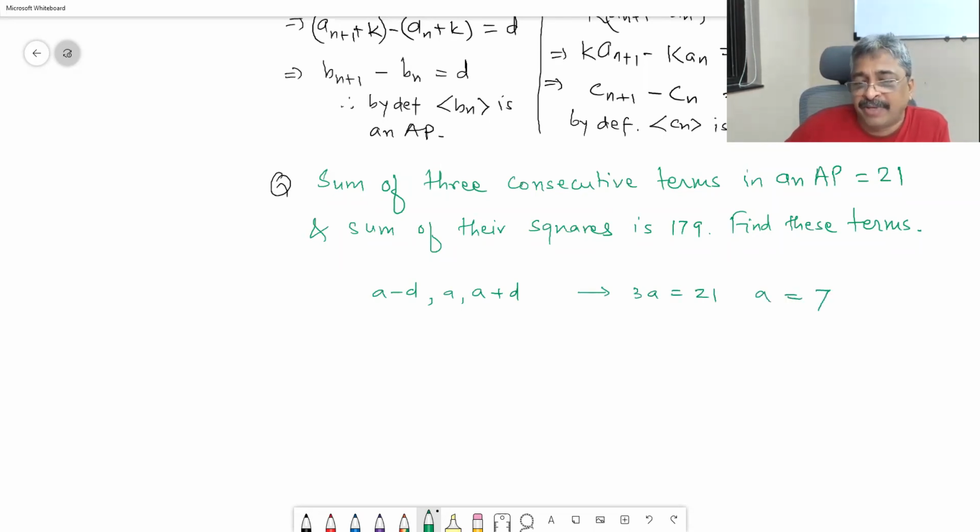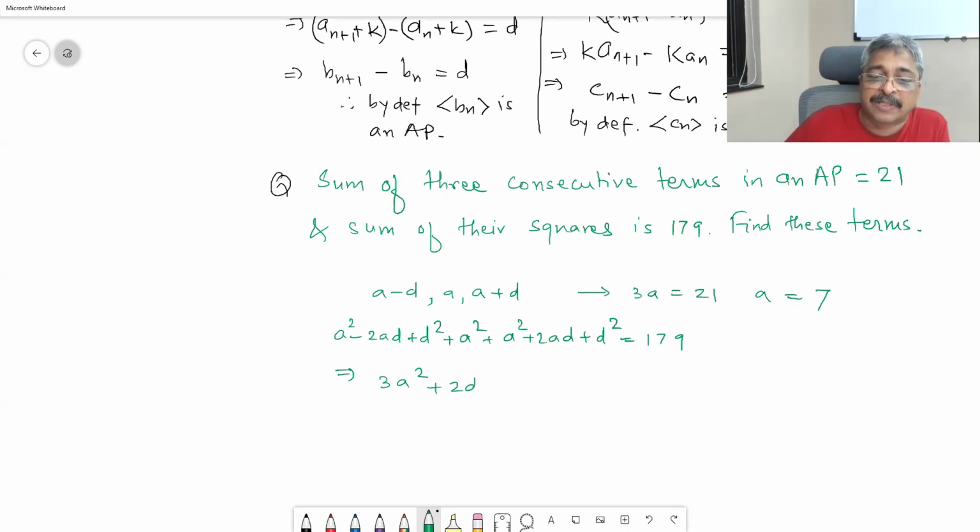Middle term is 7. Quick. Then (a minus d) squared plus a squared plus (a plus d) squared is equal to 179. This implies how many a squares? 3a squares. How many d squares?